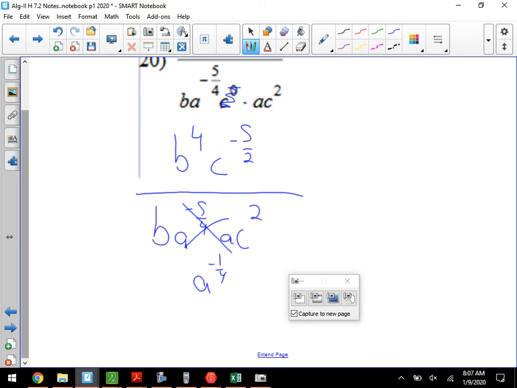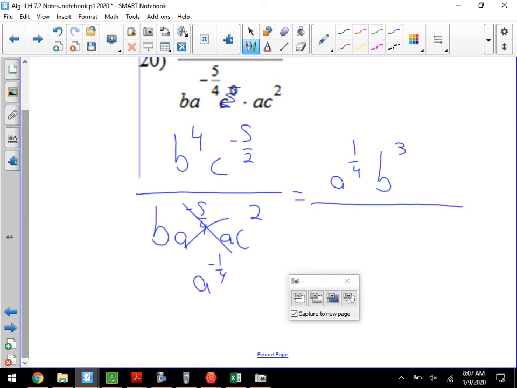I don't have to worry about rationalizing that negative 1/4, do I? I have to bring it up. Right. So I'll bring that up. A to the 1/4. Wait. What's b to the 4th over b? B to the 3rd. So I just have a b cubed here.